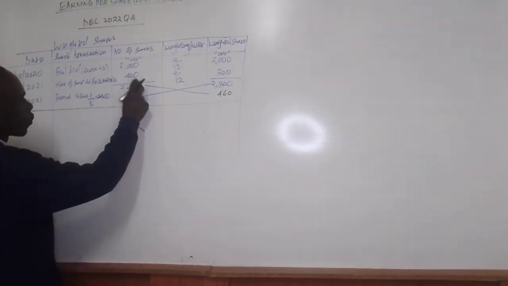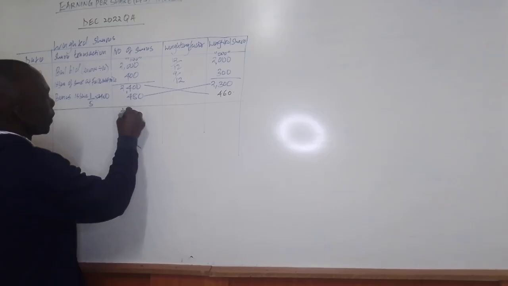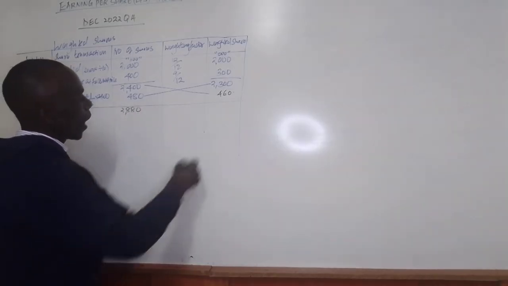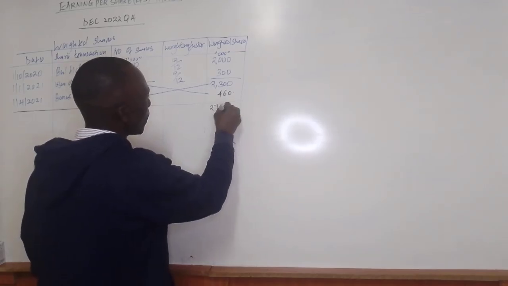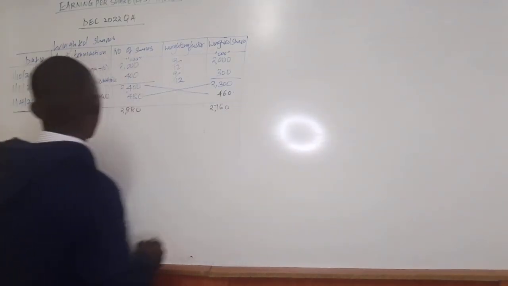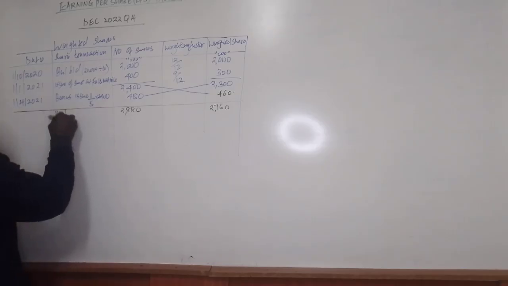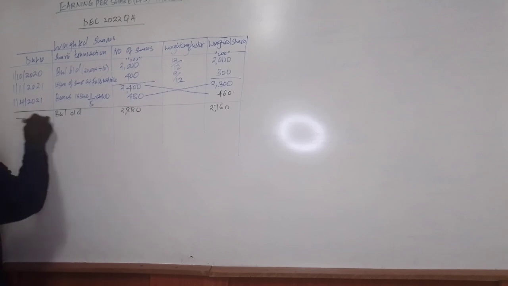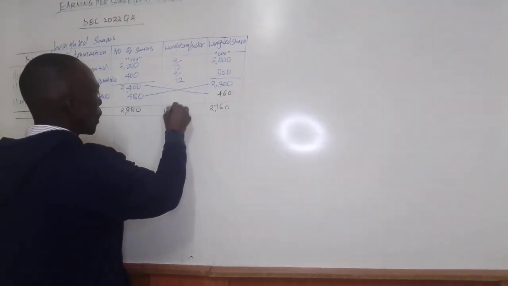So let us get the total. This plus this will give us 2,880, and these weighted shares will be 2,760. So we have our balance carried down. This is what we have, and here we have our weighted shares.